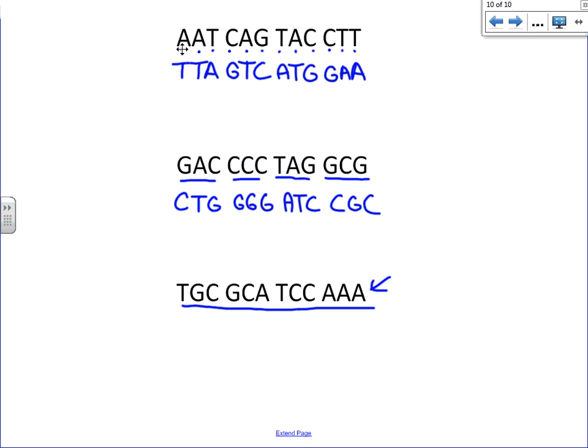All right, so hopefully what you got was adenine, cytosine, guanine, cytosine, guanine, thymine, adenine, guanine, guanine, thymine, thymine, thymine.